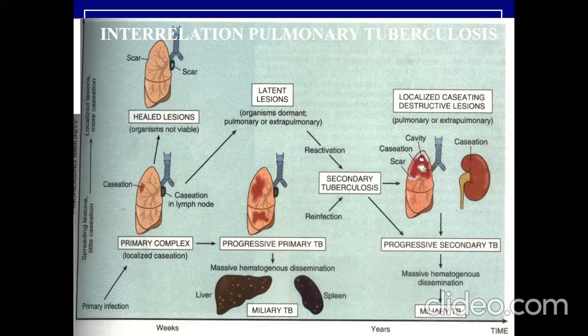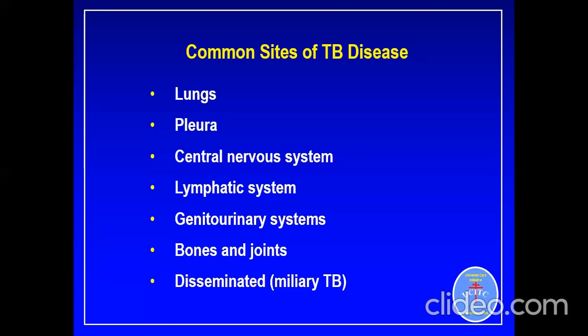Okay. So, as we have seen, the common sites where tuberculous disease can occur, most commonly occur in the lungs. Pleura are the coverings of the lung, which is the next common. However, they are considered as extrapulmonary tuberculosis. Central nervous system, the lymphatic system, the lymph nodes, the cervical swellings, the axillary swellings.